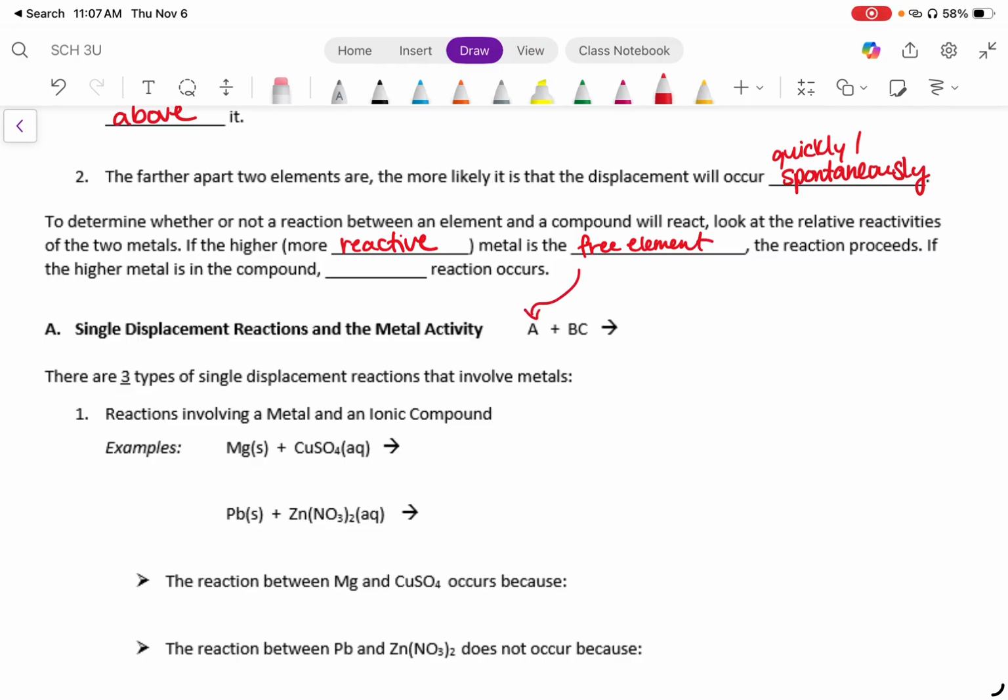That one has to be stronger than B in this example for it to occur. So the reaction will proceed. If the higher metal is in the compound, if B was stronger, then no reaction occurs. So when you have A plus BC, you're going to end up with AC plus B.